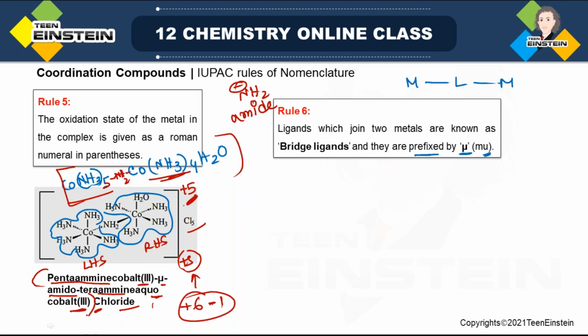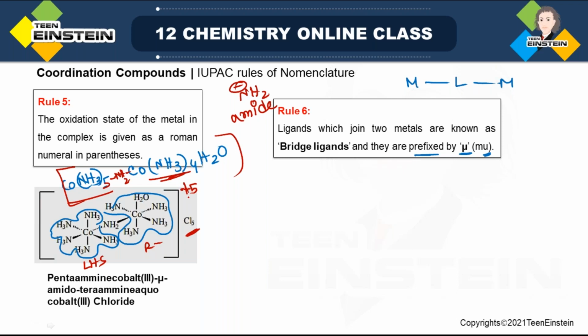Okay, and if the question arises, how do we understand that plus 3 charge is there? When the formula is given, you can see that there are total 5 chloride, that means you can easily understand plus 5 charge is there.